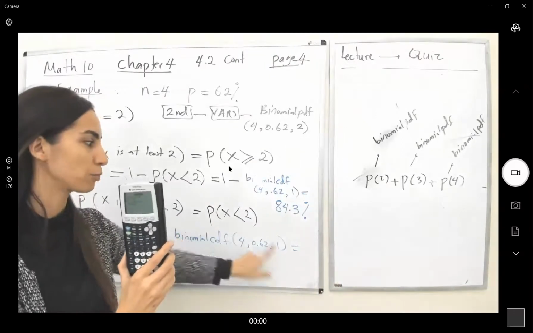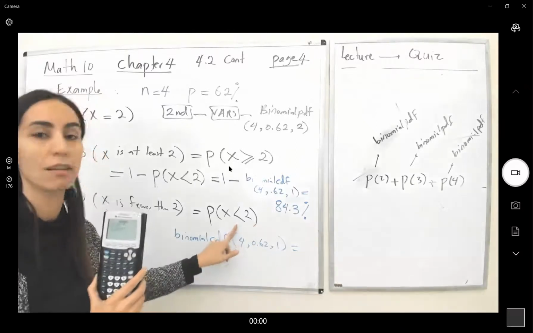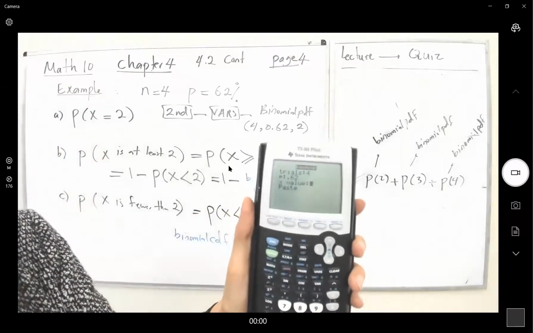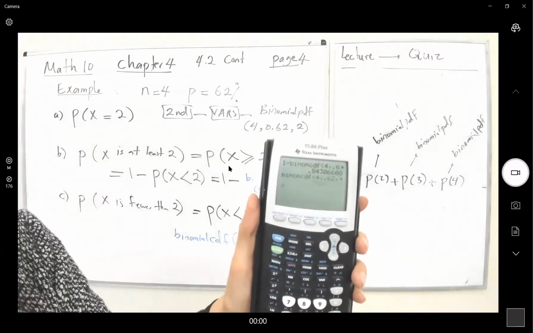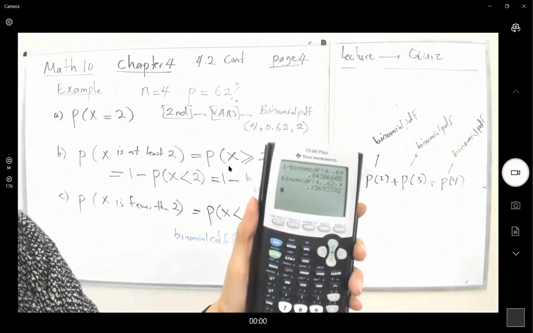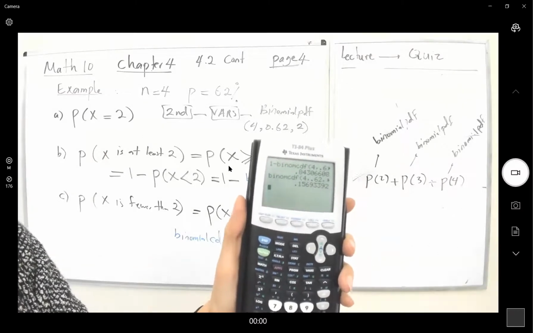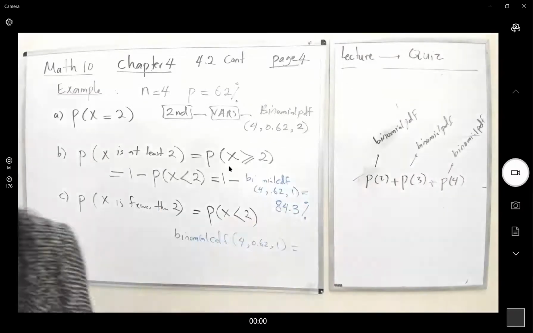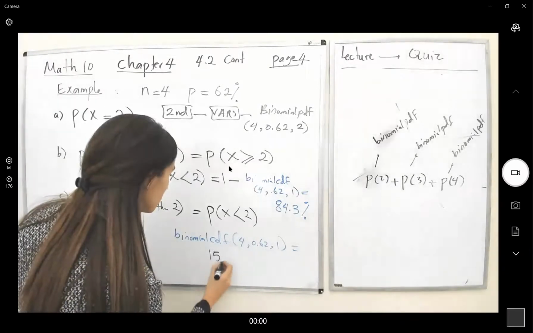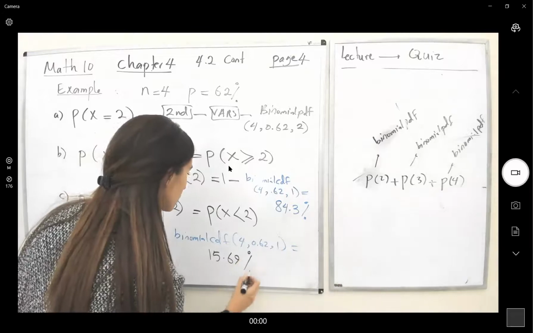We have to subtract 1 from 2 because it's less than. Now enter, enter. You get the exact same probability, 15.6%, as before.